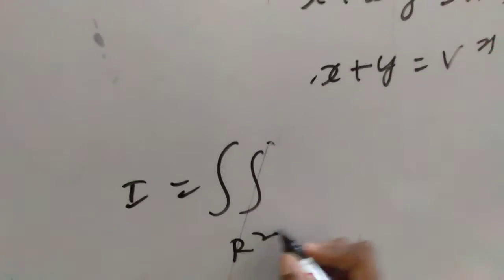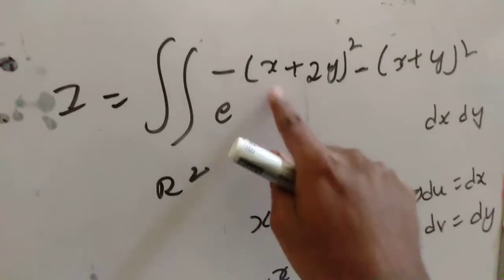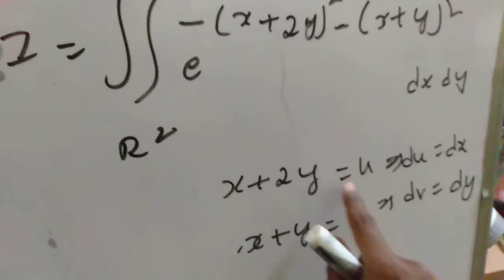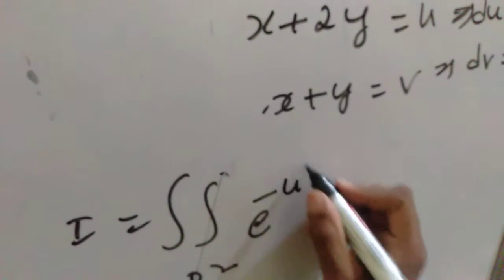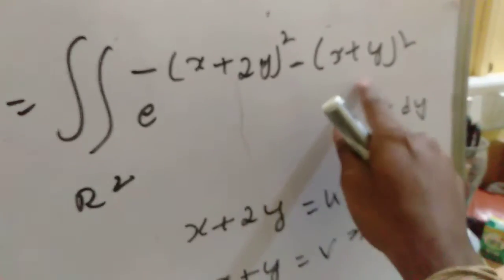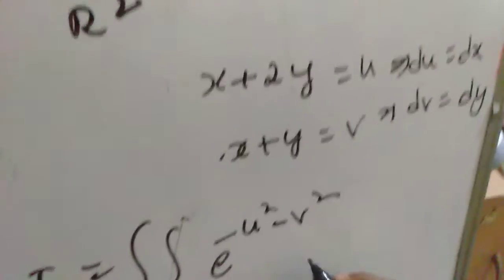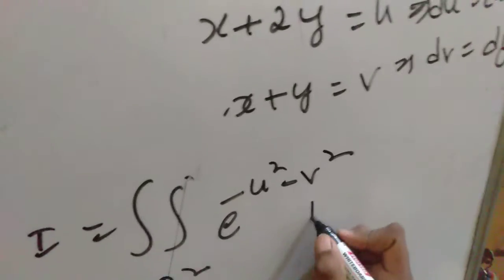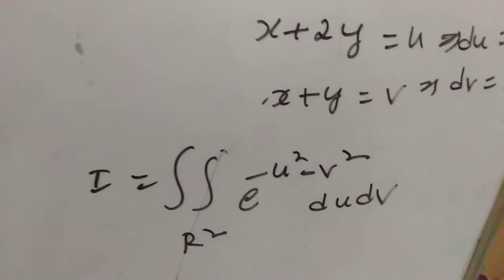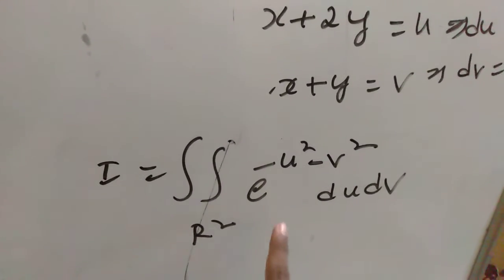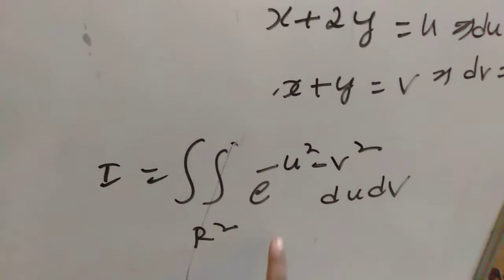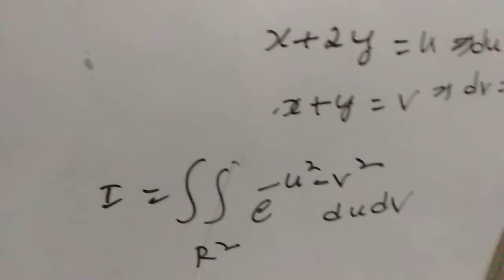We get I is equal to the double integral over region R^2 of e^(-u^2 - v^2), where x+2y is taken as u and x+y is taken as v, and dx dy becomes du dv. Now we have to convert the Cartesian form into polar form.